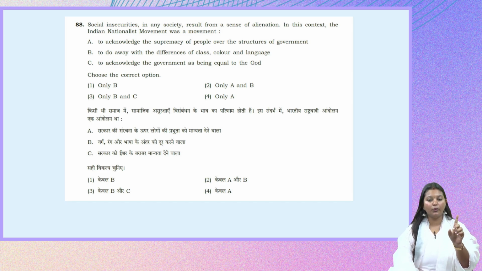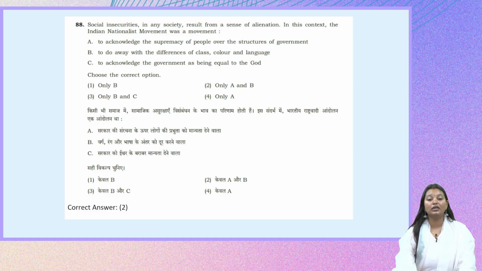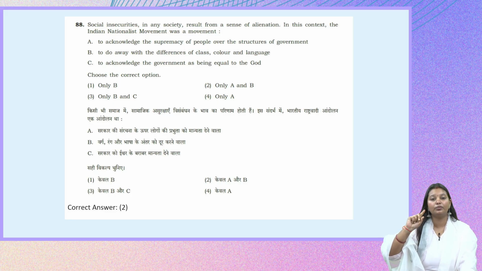So the C option we are removing, the C statement we need to discard. So we have two other statements left with us. So the right answer here is option 2. Both statement 1 and statement 2 are correct. Moving on to the next question.